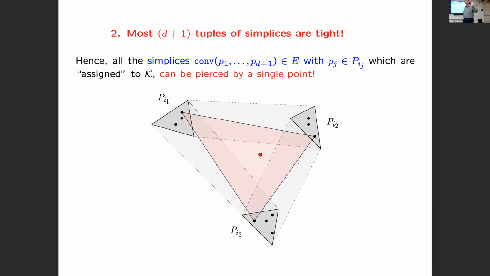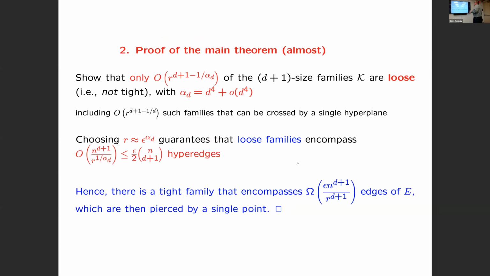All of them can be pierced at once by a single point. So let's make it specific. Let's give a rough draft of how a proof might look. We are going to show that only a small fraction of the d plus 1 tuples of simplices in Matoušek's partition are not tight.